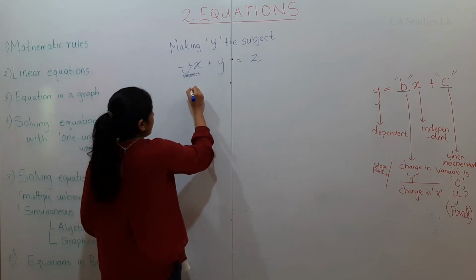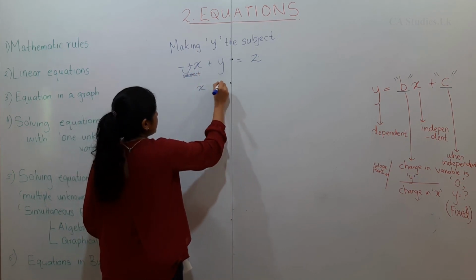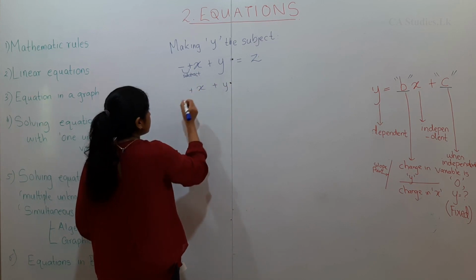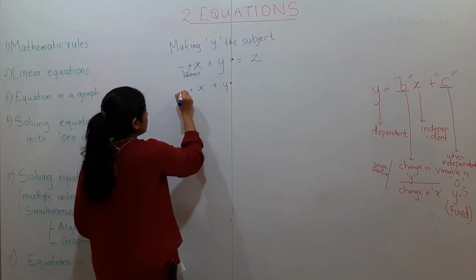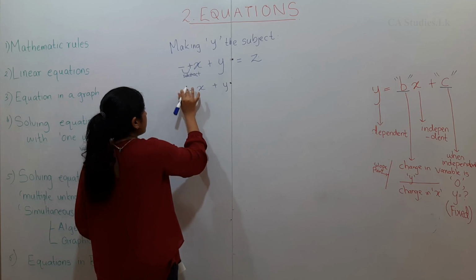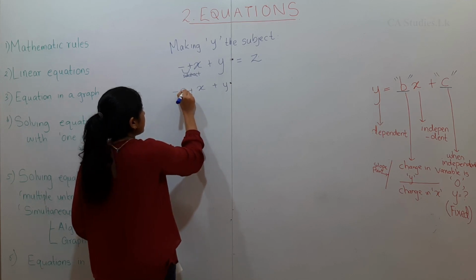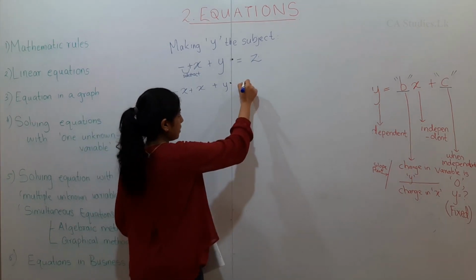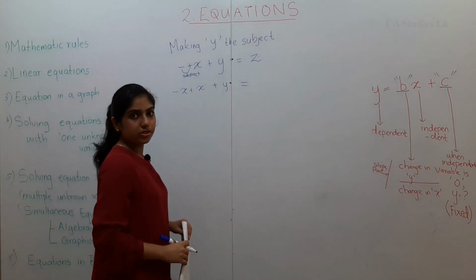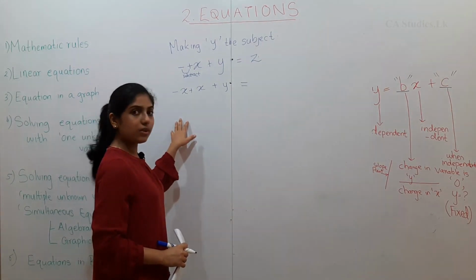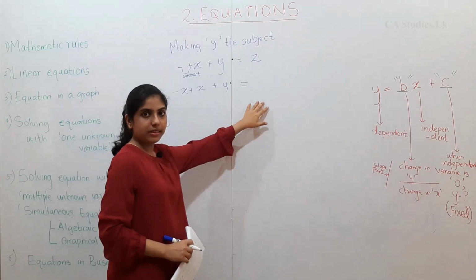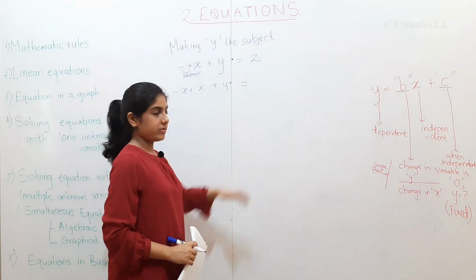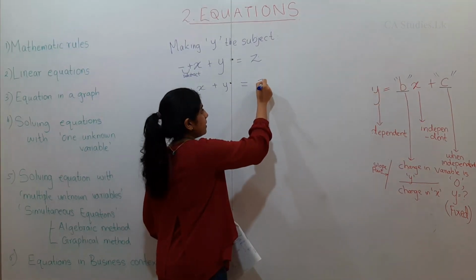So x plus y will be as usual. This is plus, I'm going to put minus x, equals. Rule number 1 in an equation: when you minus one side, you have to minus the other side as well. So the other side starts with z.